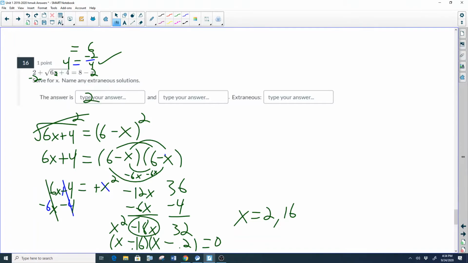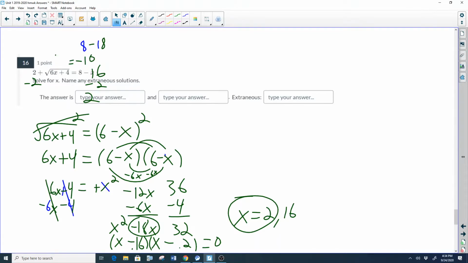So 2 is definitely going to work, but I'm not so sure about the 16. That's just a huge number to put into this negative. And then when you minus the 2, you're going to get a negative 18. And then 8 minus 18 is going to be a negative 10, right?